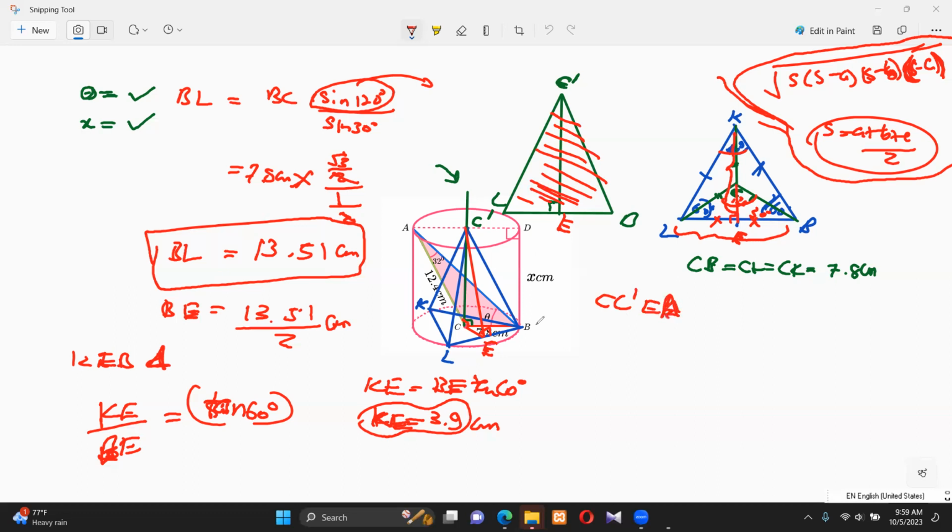It's a right triangle, right? CE is not computed directly, but you can derive CE because you know KE. KE minus KC. KC is the radius, right? Hope you can find it out.